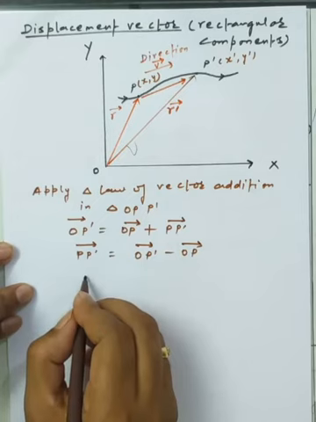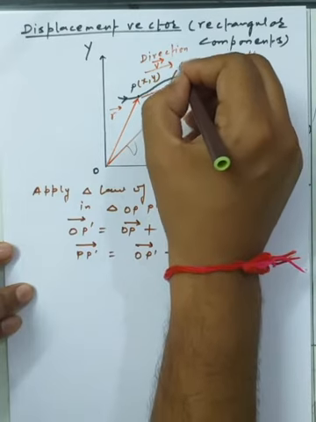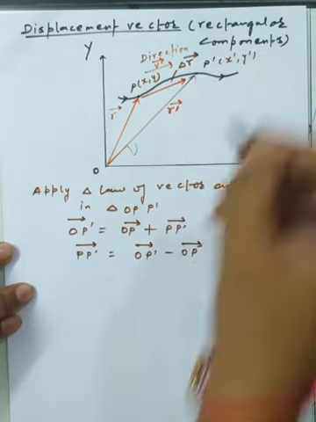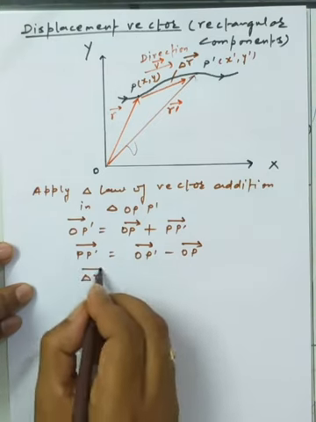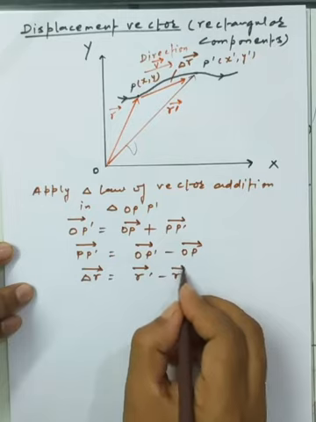This portion is called delta R, the displacement. So delta R is equal to R dash vector minus R vector.